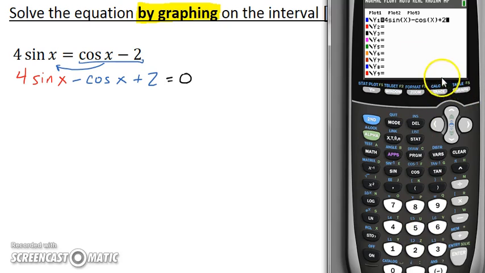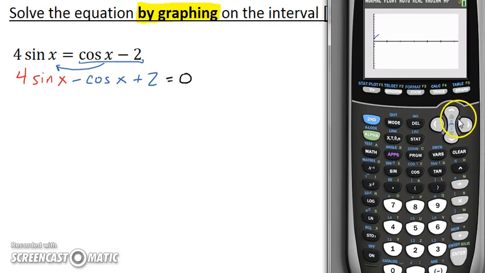And I'm going to hit the graph button and I'm going to see if I can figure out where that would equal 0. Here we go. Well, I see one value here. It looks like we actually have a second one.